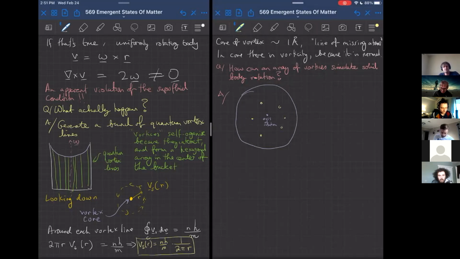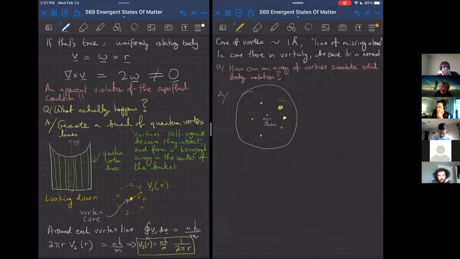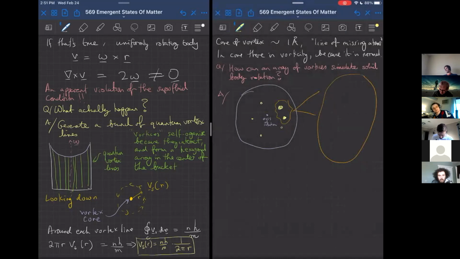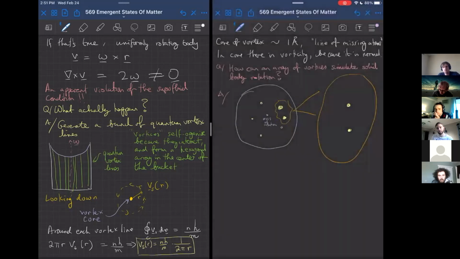What I want you to look at is two of these vortex lines. Let's choose those two, for example, and expand that over here. So what will we see? One vortex line over here, another vortex line over here, and if I draw the superflow around them, something like this.